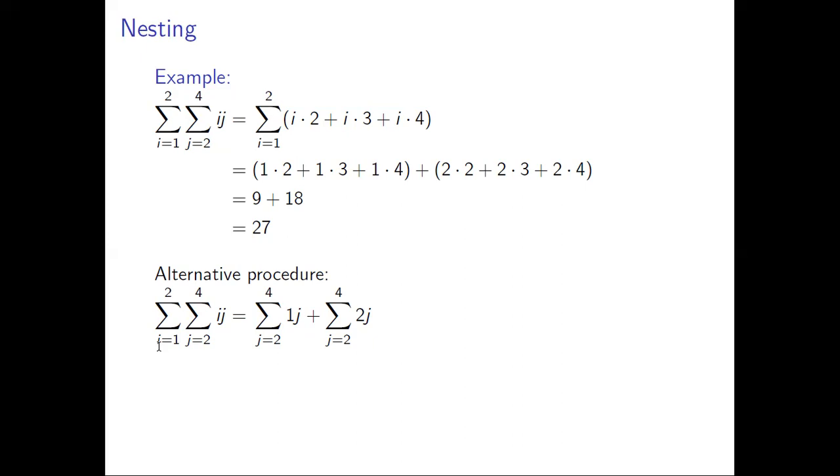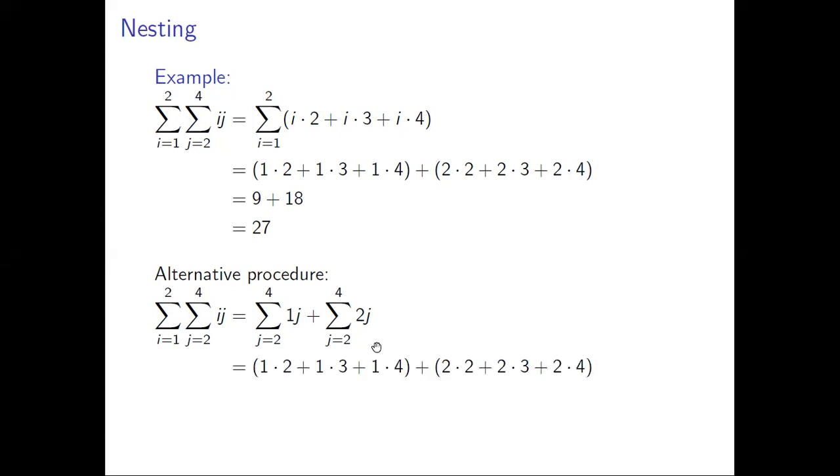But then we also have another possible value of I, which is 2. So then we have the 2 times j sum. Here we have the inner sum being pushed off for later. Again, in this alternative procedure, what we're first doing is expanding the outer sum, and then later we're going to expand the inner sum, which is the opposite of how we did it on top. But we're going to get to the same result.